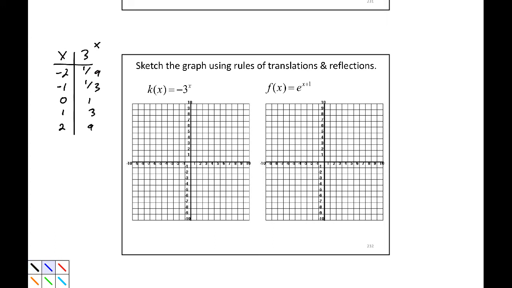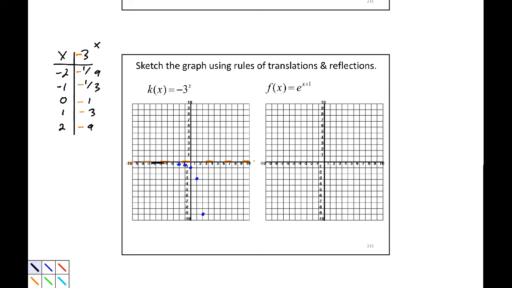Now, if we change the sign of the y values by making them negative, I now have (-2, -1/9), just below 0, (-1, -1/3), same vicinity, (0, -1), (1, -3), and (2, -9), which puts our horizontal asymptote on the x-axis.